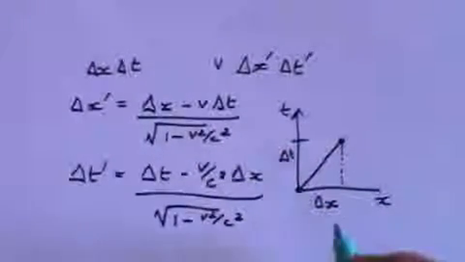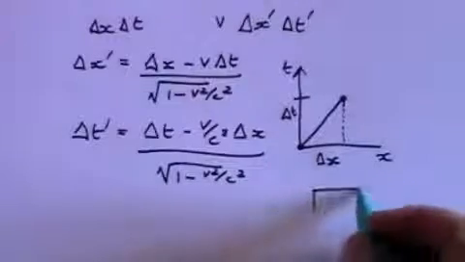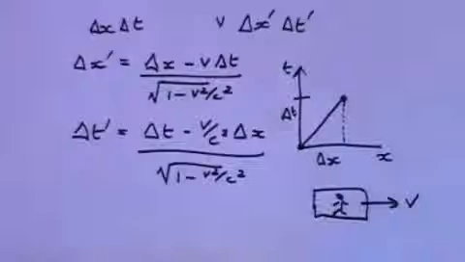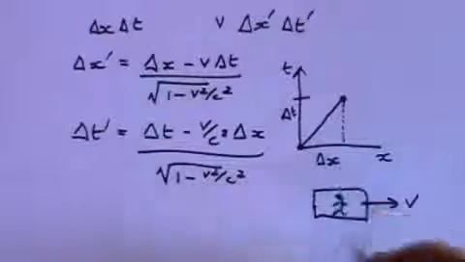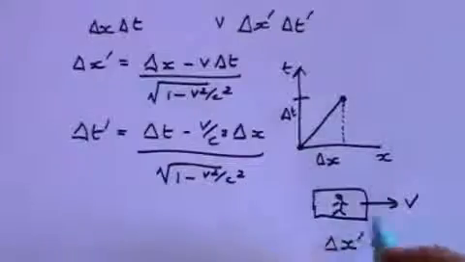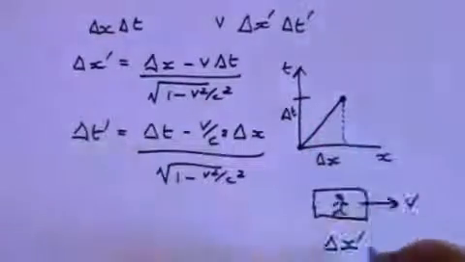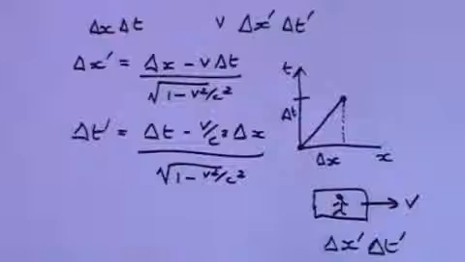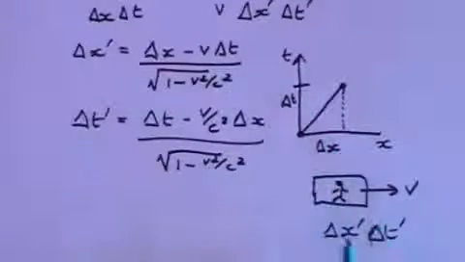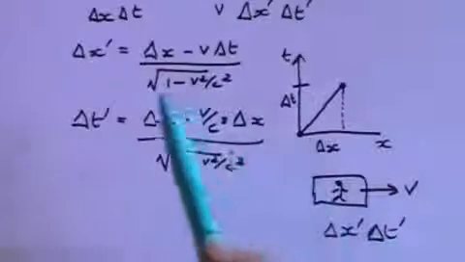But there is an observer in a spaceship going past at speed v, and they observe that that distance is actually delta x prime, and that that time is delta t prime. And the relationship between delta x, delta t and delta x prime and delta t prime is given by these two formulae.